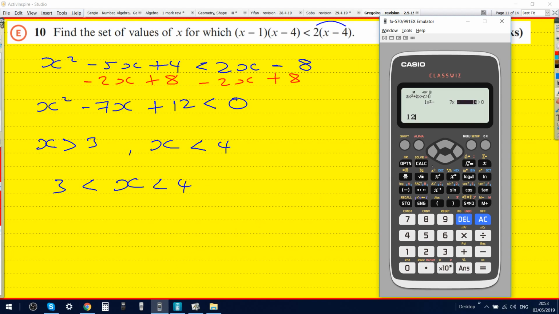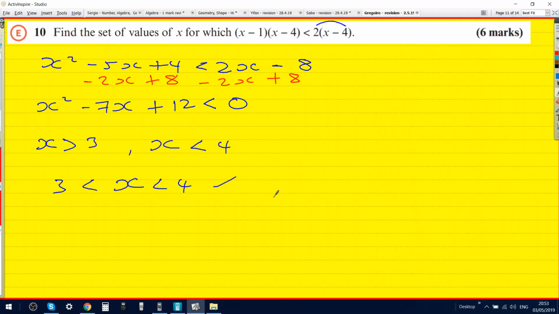So the previous one, you can't put them together. Great. Any questions there? Okay, x is between 3 and 4.